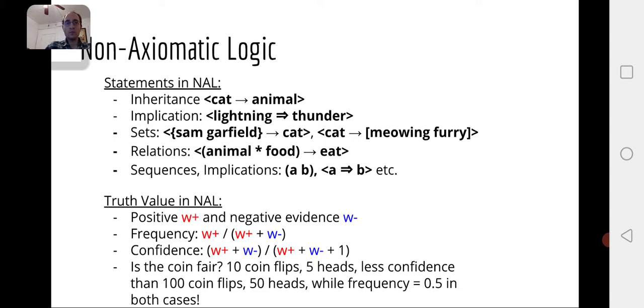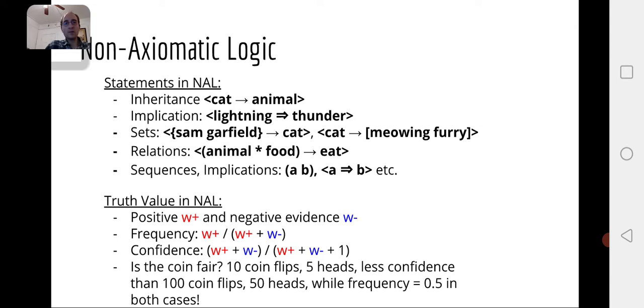Also, relationships can be expressed like that animals eat food, and temporal relationships like temporal sequences and implications, event A and B happening in a certain sequence, and that A leads to B. There are also other relationships, but those are the most important for this presentation.